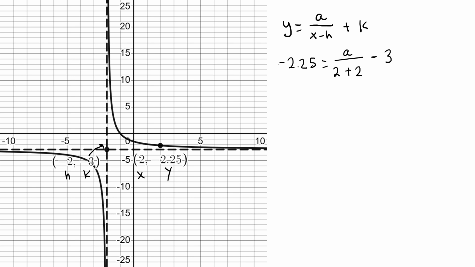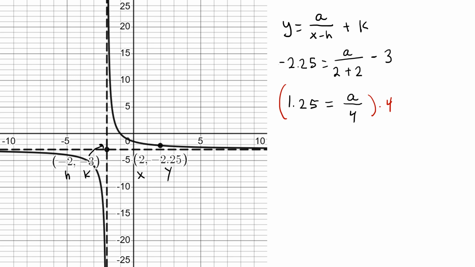So what we're going to do first is add that 3 over. So negative 2.25 plus 3 is 1.25. Then this is a fraction, so we're going to leave the a alone and figure out what the bottom is. So 2 plus 2 is 4. And then to solve equations like that, we just multiply everything by 4, or whatever the denominator is.